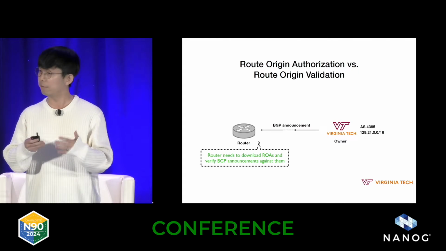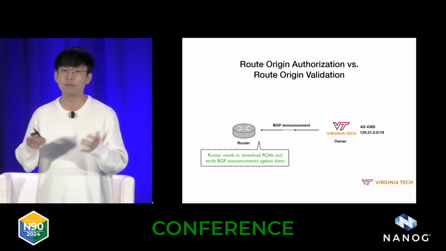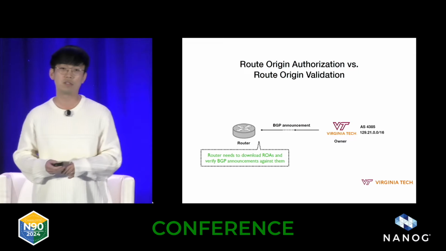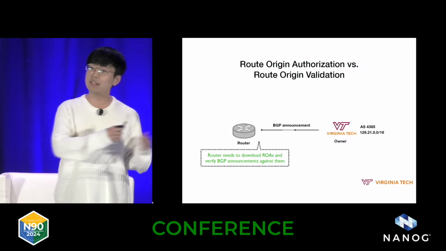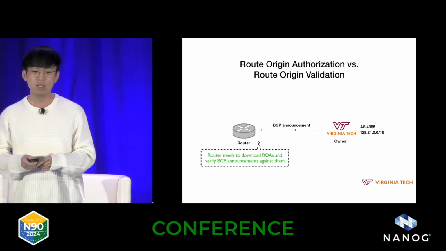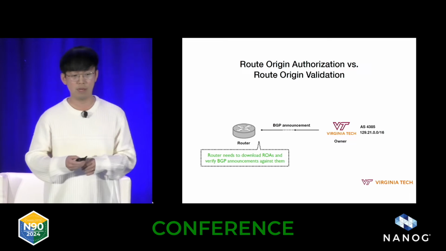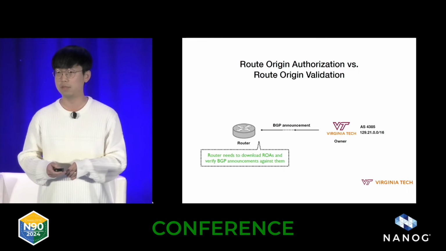If the resource owner creates a cryptographically verifiable assertion, then the other party, the client, needs to verify it correctly. In the case of RPKI, routers need to download ROAs and verify BGP announcements against them.